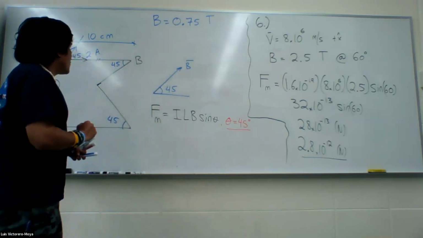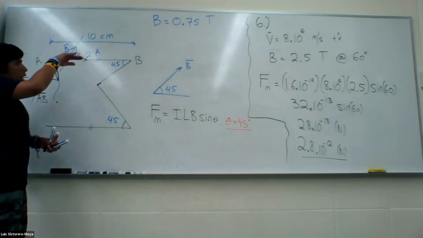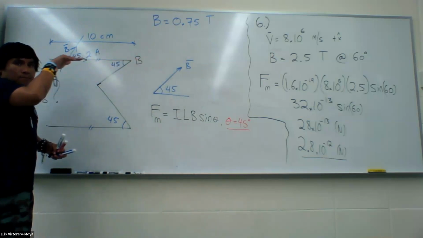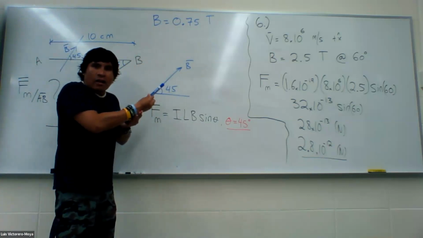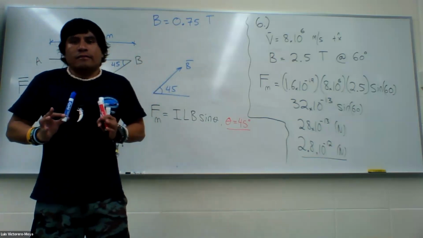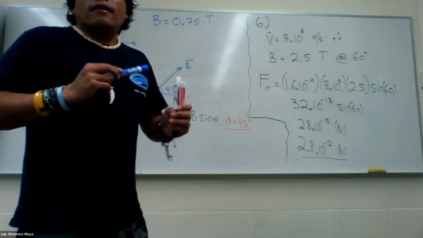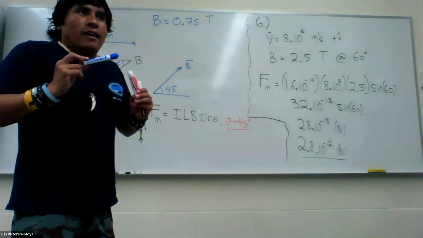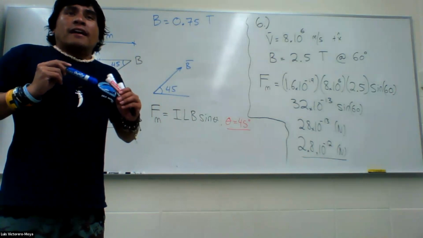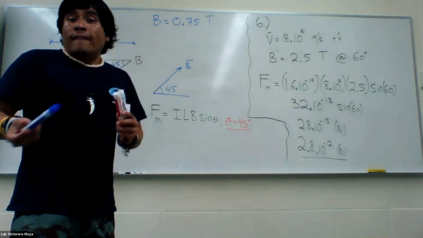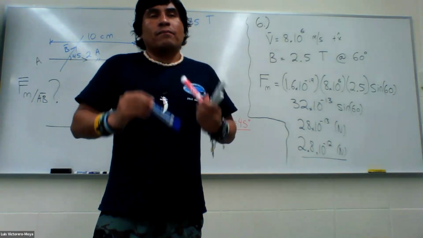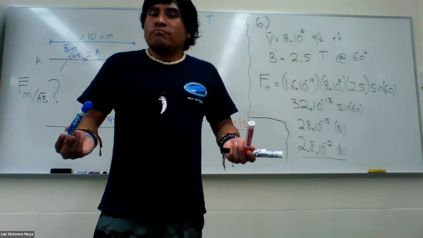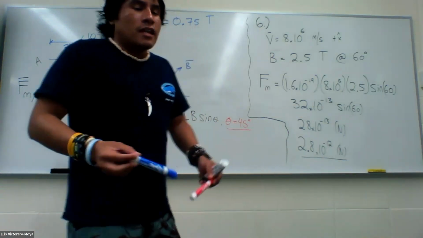What about the direction? So the current is going from left to right, but the field is going at an angle. But wait, what did I say before? If the field and the current are parallel, or if the field and the speed of the charge are parallel, right? There is no force. There is no magnetic force.